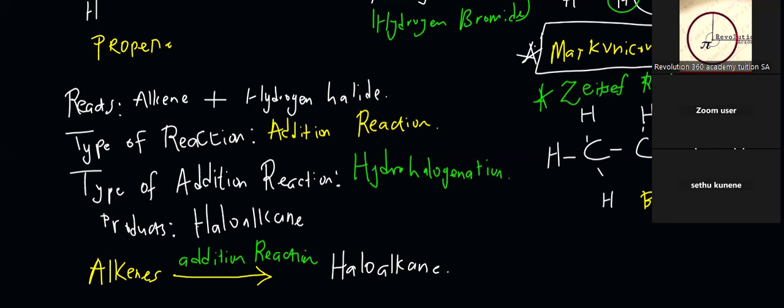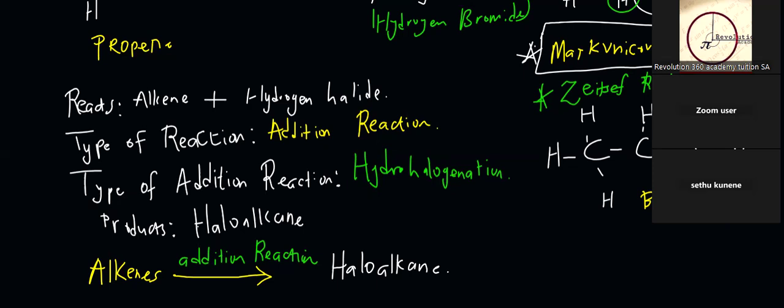Why are they undergoing addition reaction? Because we are adding what? A hydrogen halide, to form haloalkane. Since we are adding hydrogen halide, which comprises a halogen, then the product must be an alkane that comprises a halogen, which we call a haloalkane, just like that.